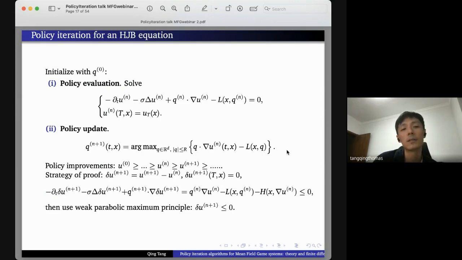So that's just two steps, and we can use the parabolic maximum principle to show that with this algorithm, the policy is monotonically improving, in the sense that the value function is monotonically decreasing. Okay, this is a minimization problem. So the value function monotonically decreasing is a good thing. It's equivalent to saying the policy is getting better and better.